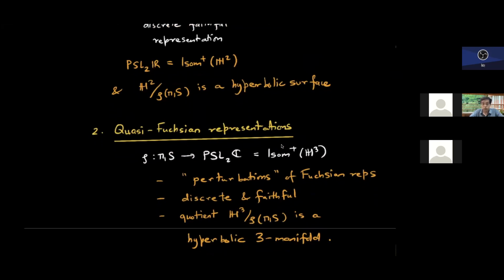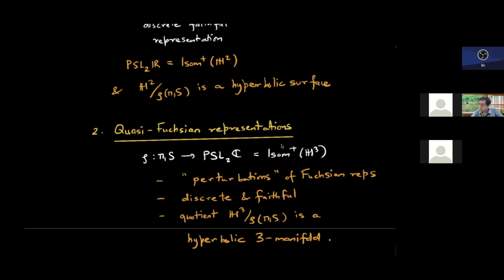These also turn out to be discrete and faithful. And this time, PSL2C can be considered as the group of orientation preserving isometries of hyperbolic 3-space, H3. And so the quotient actually gives you a hyperbolic 3-manifold, which is topologically the surface times a real line, or an open interval, if you like.